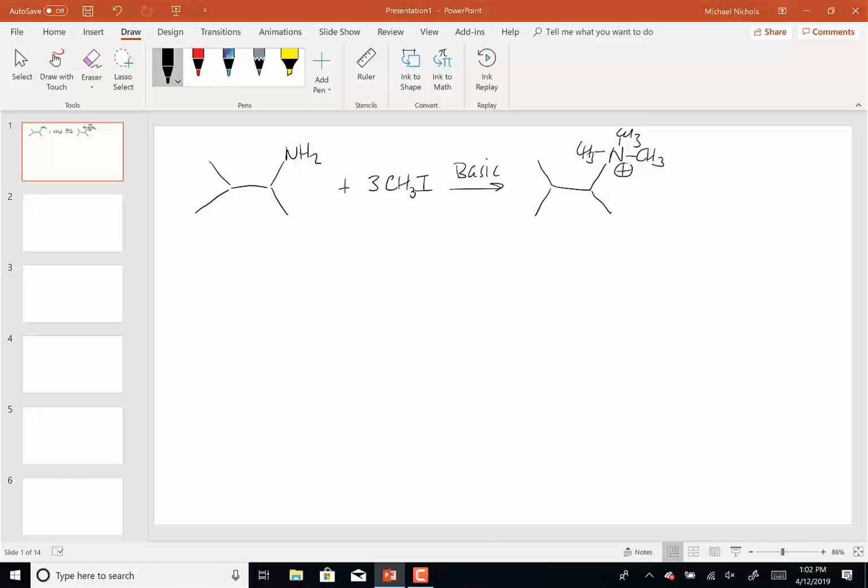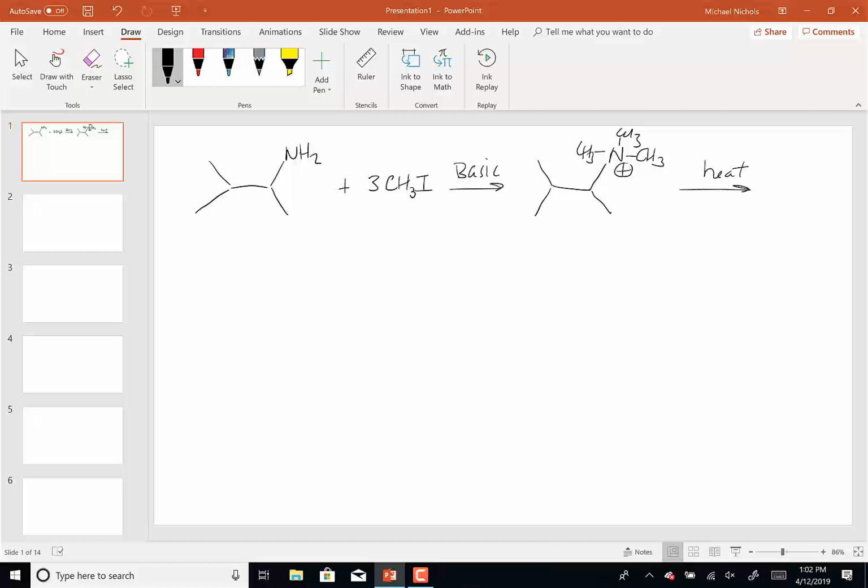Now the basic conditions, remember, every time I alkylate an amine, you get an ammonium salt, and then you have to react that with base in order to convert the N plus back into a free amine that will be a nucleophile. So we alkylate that 3 times. And then I'm going to apply heat to this reaction. And as I'm applying my heat, I'm going to lose the H plus and the ammonium as ammonia.